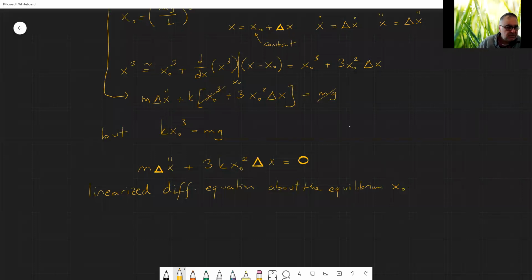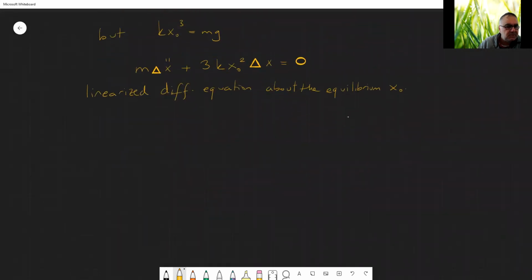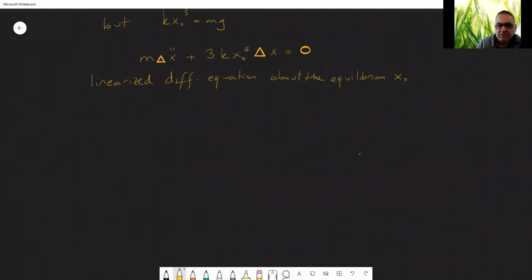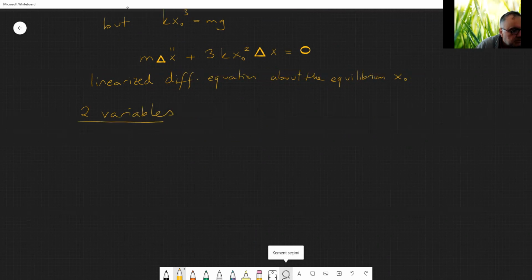So this is linearization for a single variable, but you can also do linearization for a function with two variables, let's say. It is possible that you might have a function of, let's say, y is equal to f of u1 and u2.